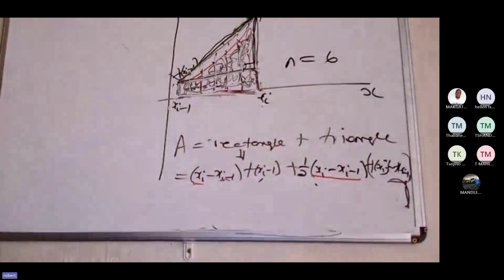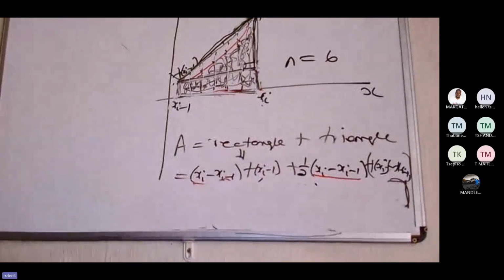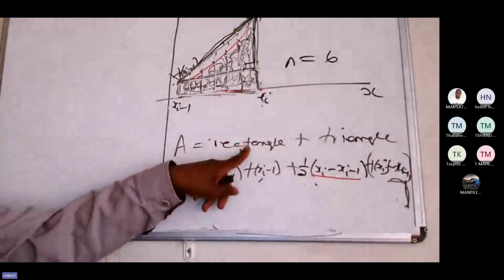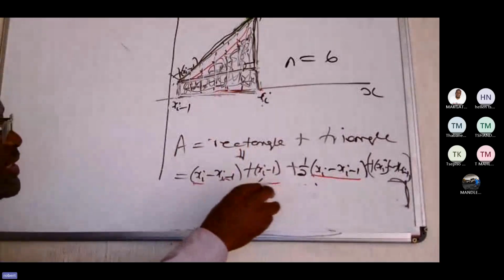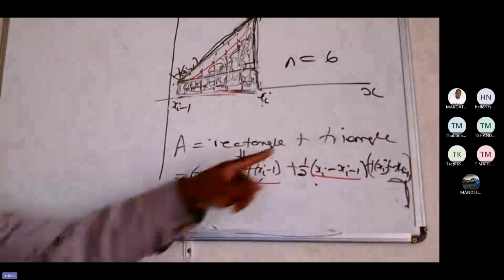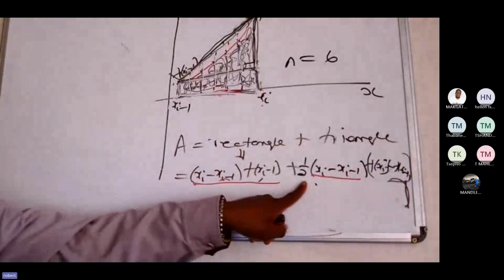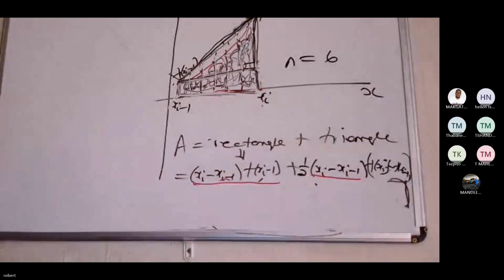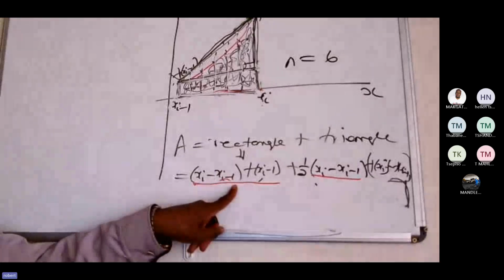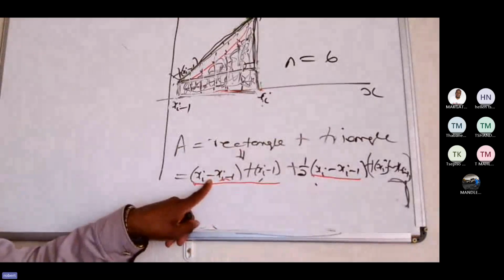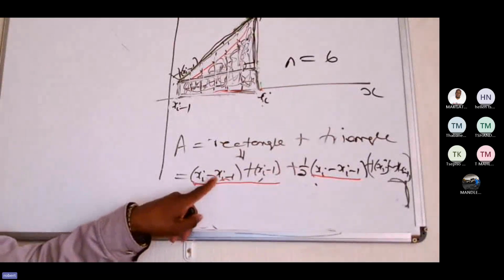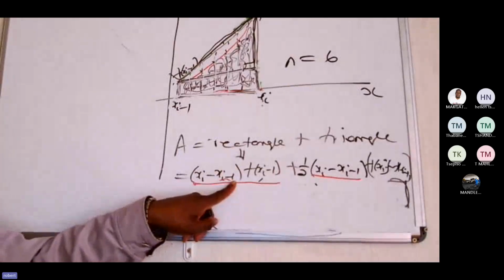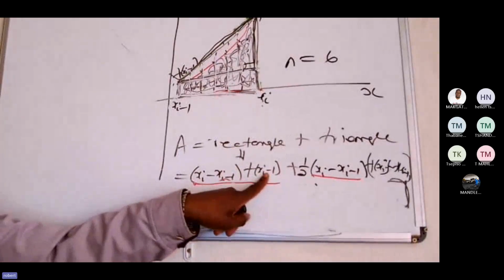We have said from here, this is a binomial. It is the formula for the rectangle, which is this, and the formula for the triangle, which is this one. It is a binomial, and this has got two factors. The first factor is xi minus xi minus 1. The second factor is this one.